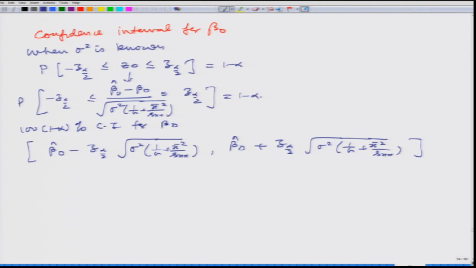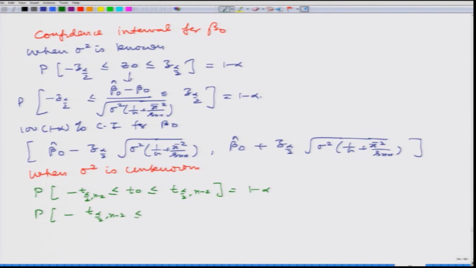And similarly, in the case when sigma square is unknown to us, we simply have to replace sigma square by sigma square hat, and in that case we can write that the probability that T0 lies between minus T alpha by 2, n minus 2 and T alpha by 2, n minus 2 is 1 minus alpha.